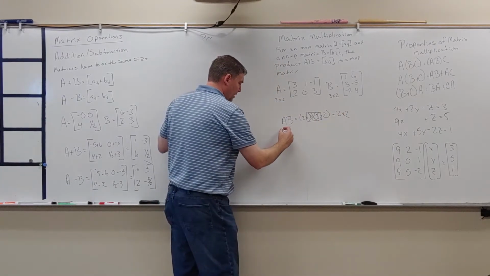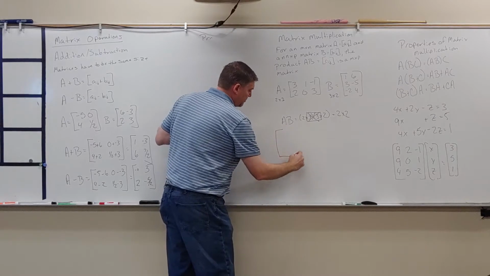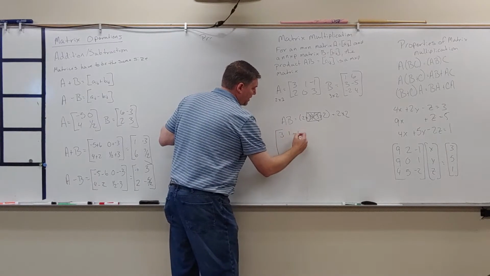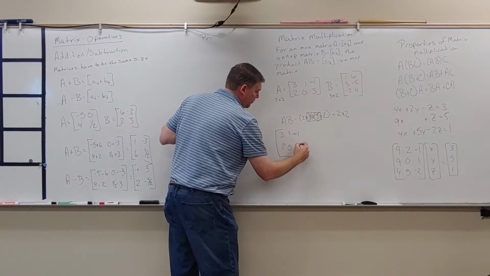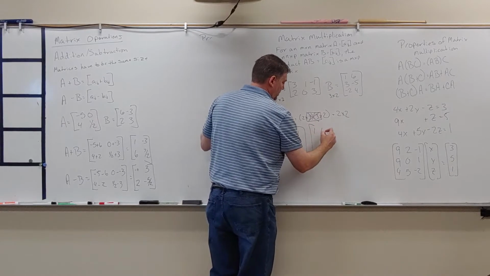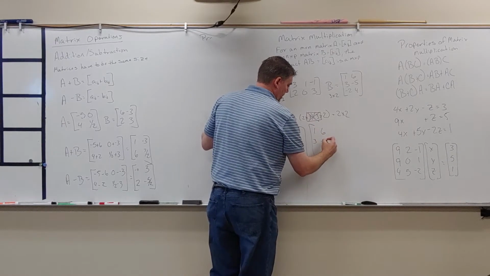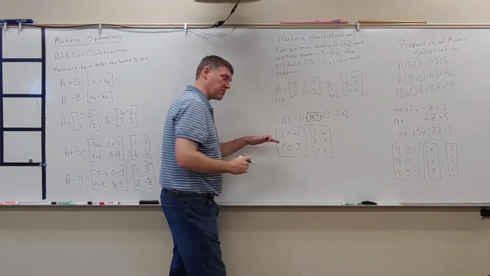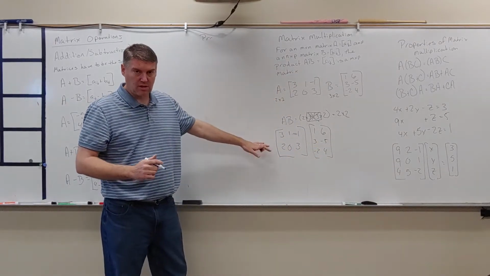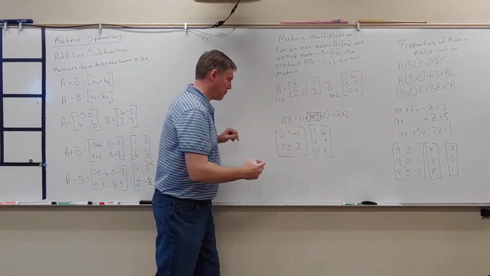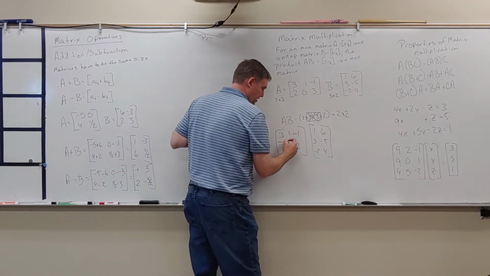Okay? So I take my matrix here, 3, 1, 1, negative 1, 2, 0, 3. I'm going to multiply that by 1, 6, 3, negative 5, negative 2, 4. So what I'm going to do is take the rows of my first matrix and multiply them by the columns of my second.